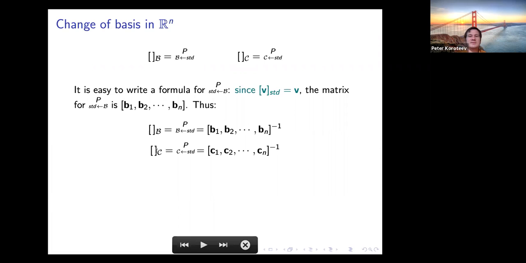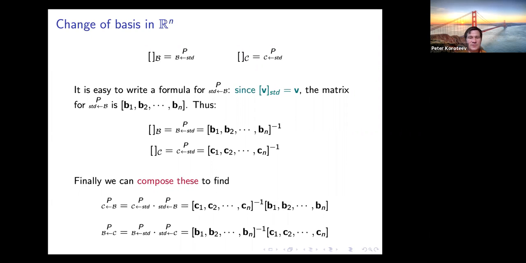And similarly, the choice of coordinates for basis C, aka the linear transformation, the change of basis from standard into basis C, is equal to the inverse of this matrix.